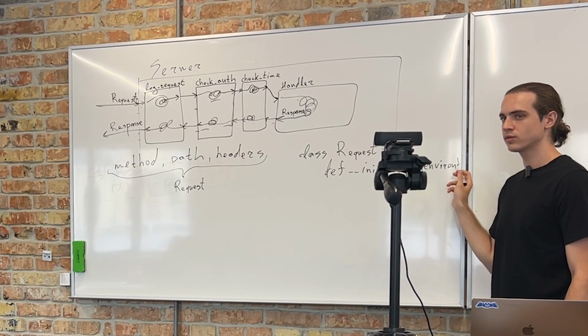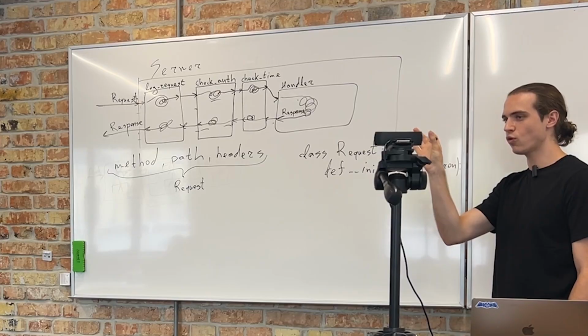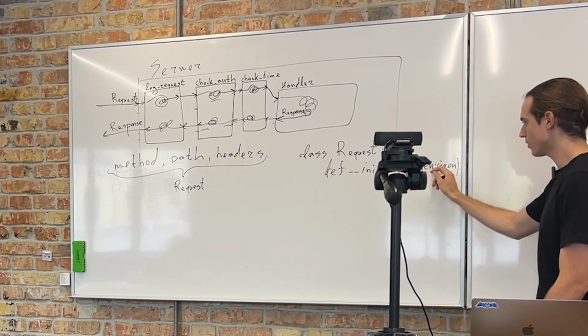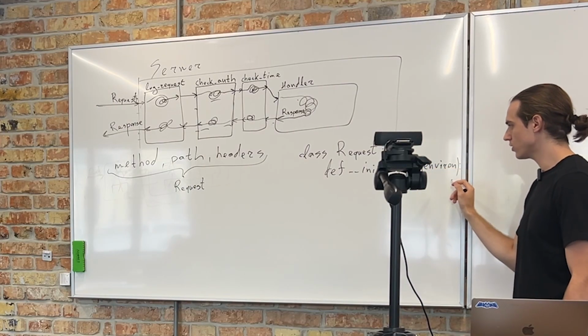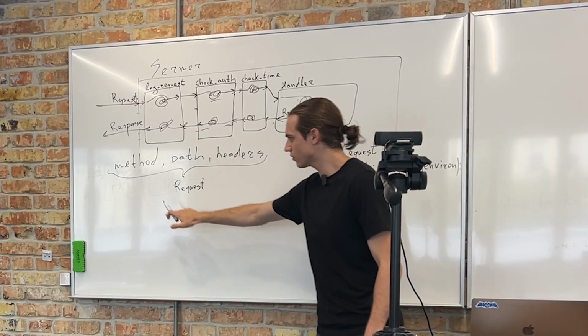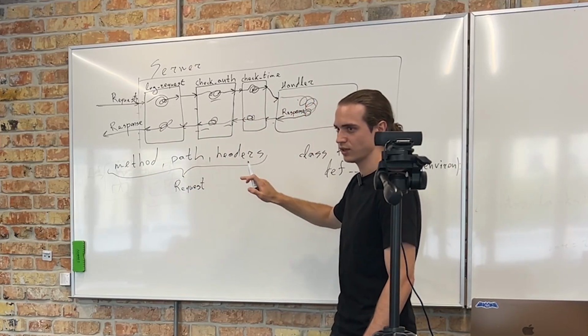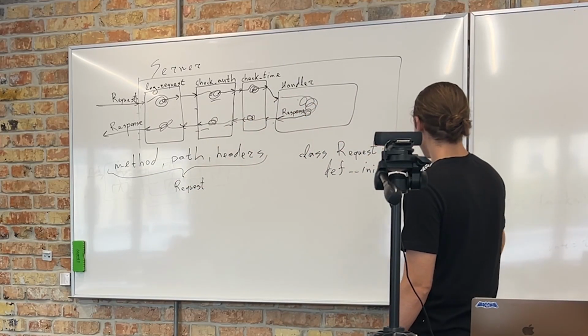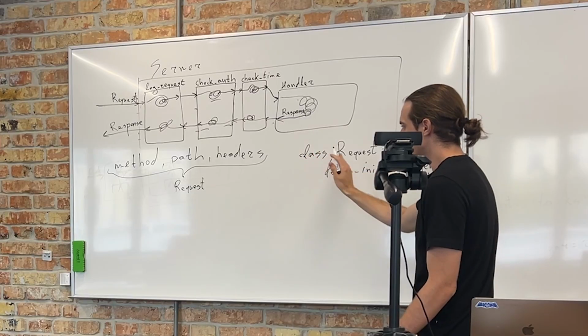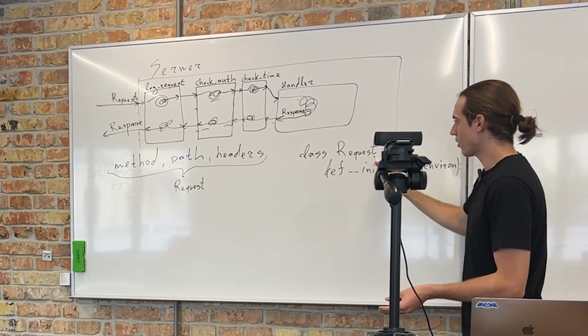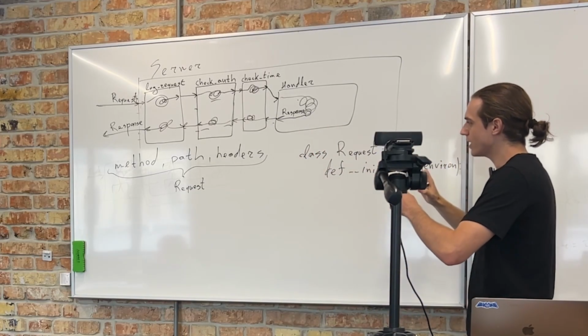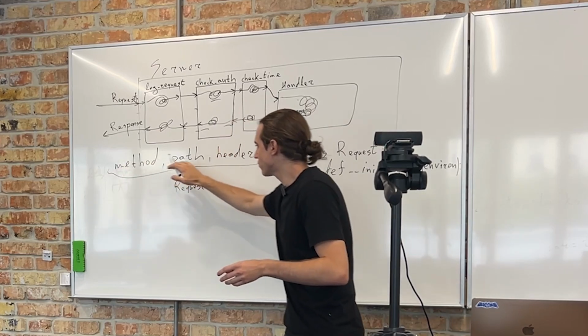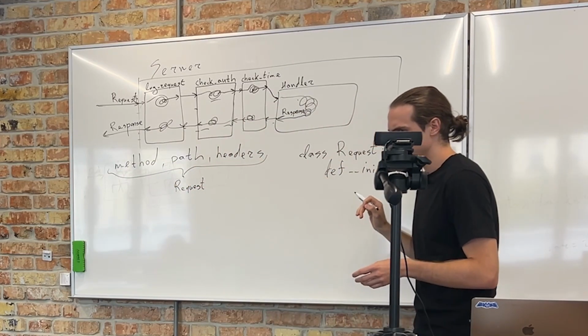For our server, inside our call method we have the variable environ, and inside environ we have information about method, path, and headers. The main purpose of request is to encapsulate all of this information inside one class.